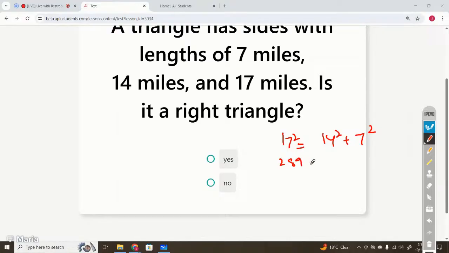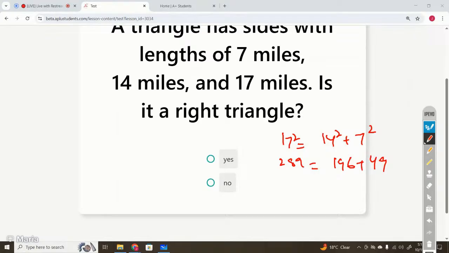That is 289 equals... 14 squared is 196 plus 49. So I think no, they are not equal.